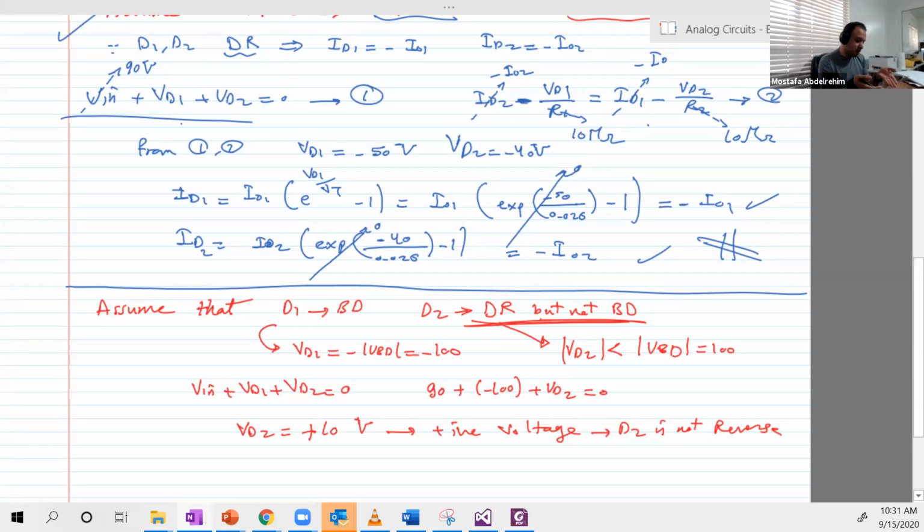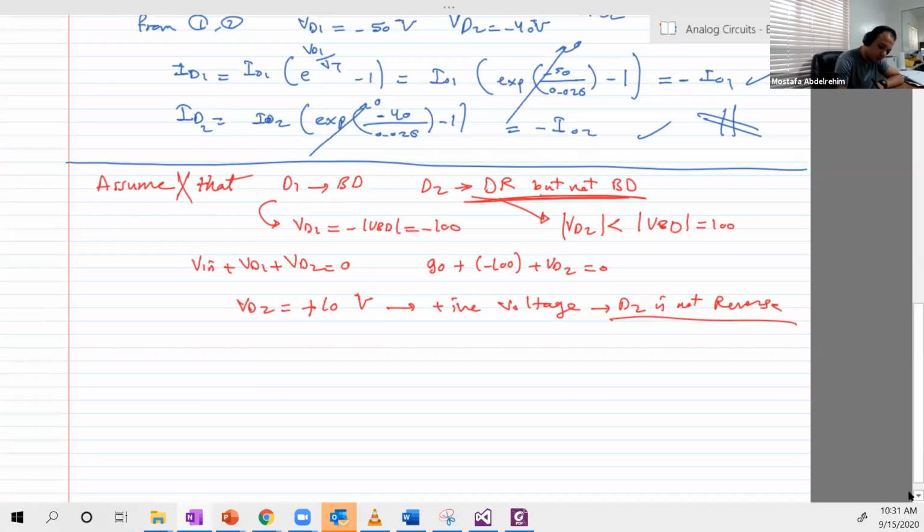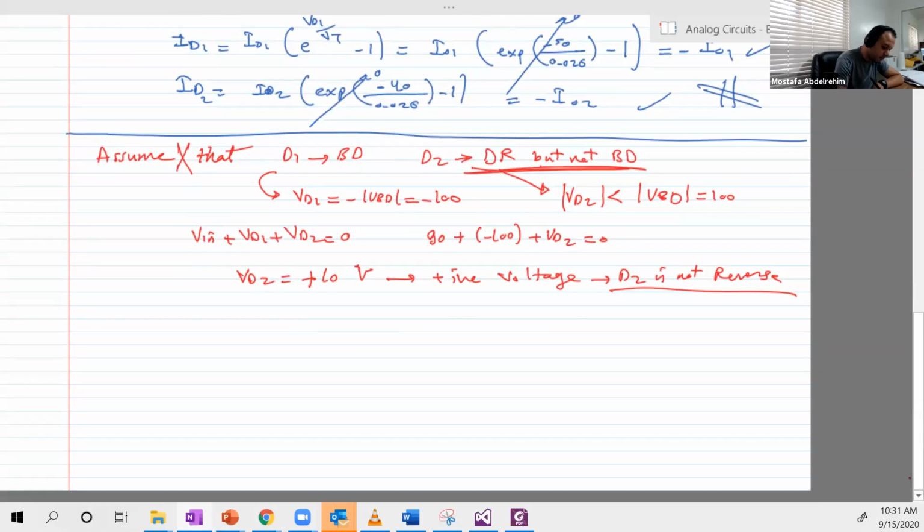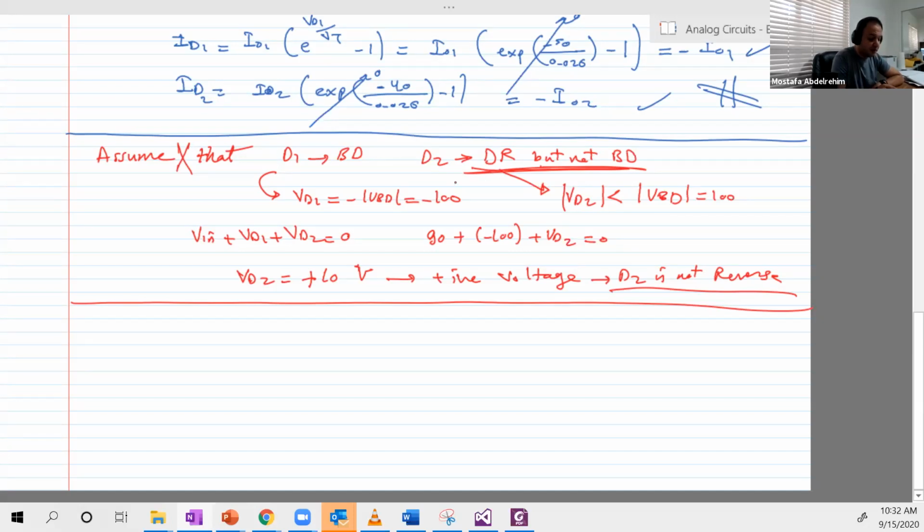You just based this on a wrong assumption that D2 is reverse, which is wrong. So that's wrong. Maybe somebody will say you can do the opposite. If you assume D2 is reverse, then its voltage will be minus 100, and D1 is in deep reverse but not breakdown. You will get the same result.